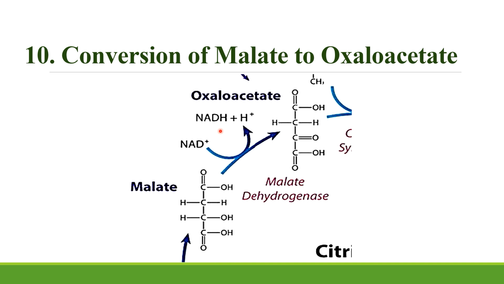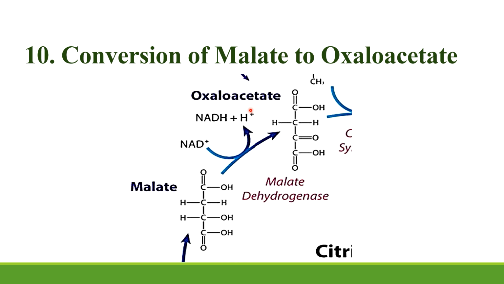This is the step which regenerates oxaloacetate, so that this oxaloacetate will combine with another molecule of acetyl CoA and will result in the formation of citrate, and the cycle continues.